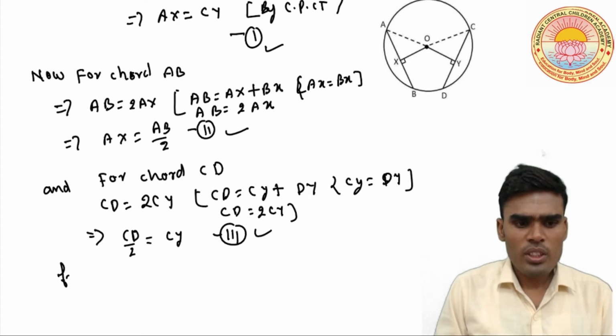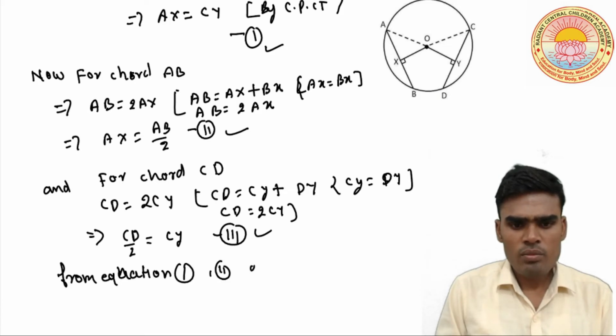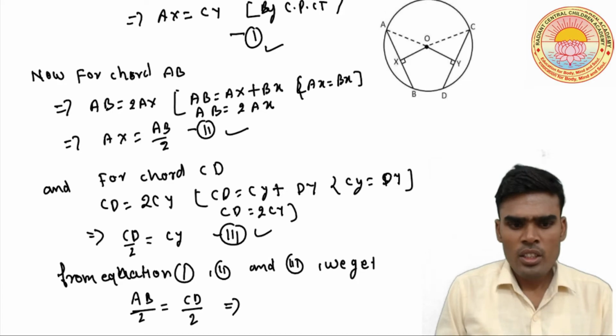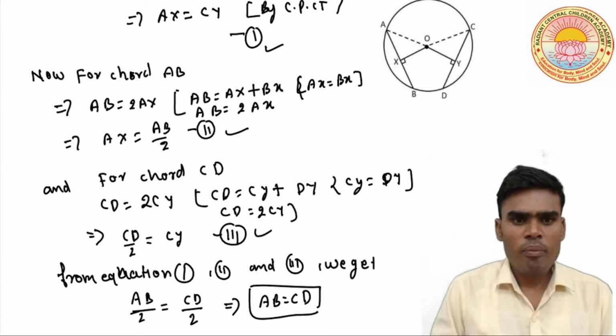So from equations first, second and third, we get AB upon 2 is equal to CD upon 2. This implies that AB is equal to CD. So this is the result of this theorem.